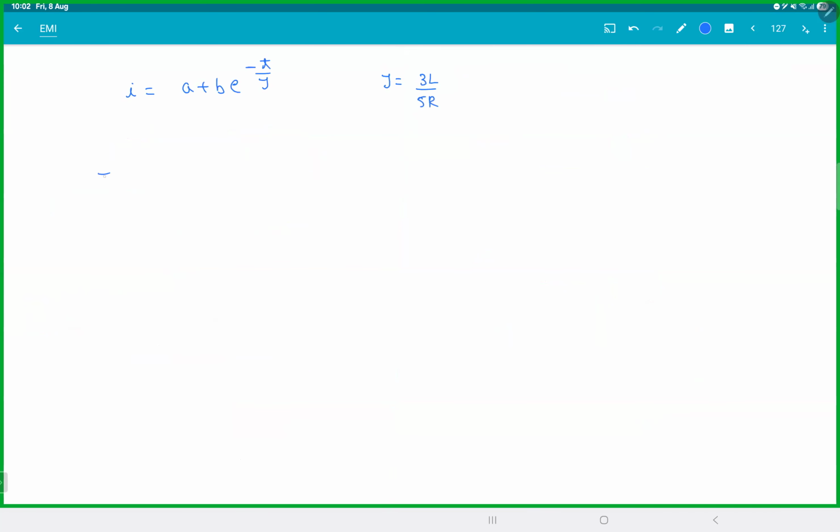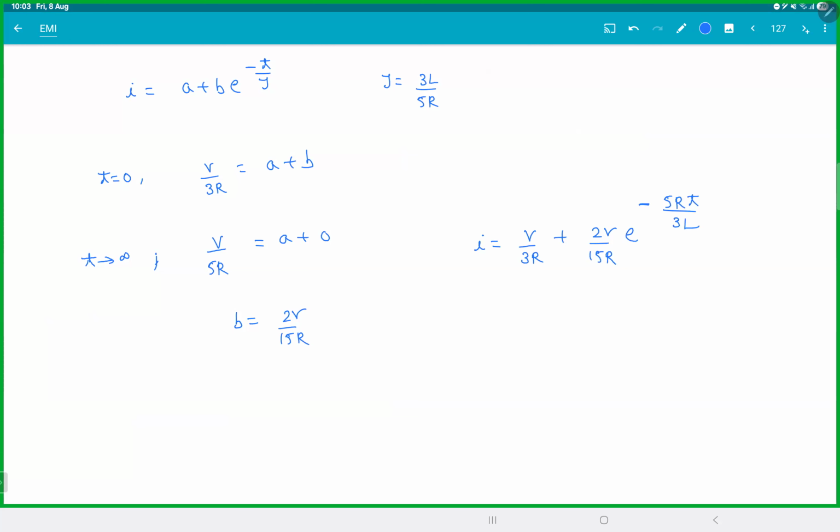At T0, your current was V by 3R. This was A plus B. At T infinity, current was V by 5R, which was A plus 0. So from here we'll get B is equal to 2V by 15R. Therefore, the current I will be V by 3R plus 2V by 15R e power minus 5Rt by 3L.